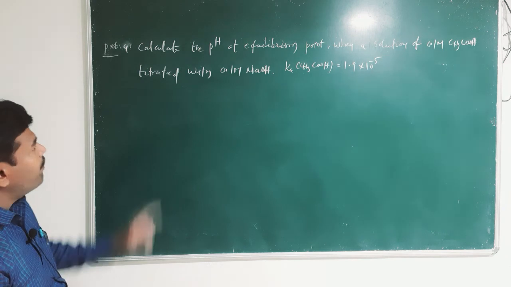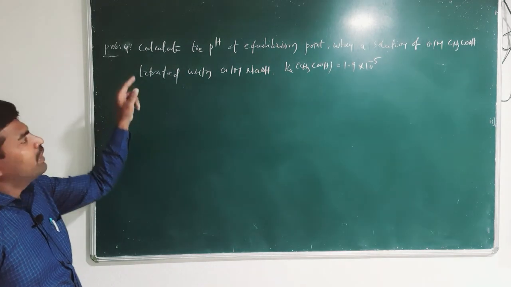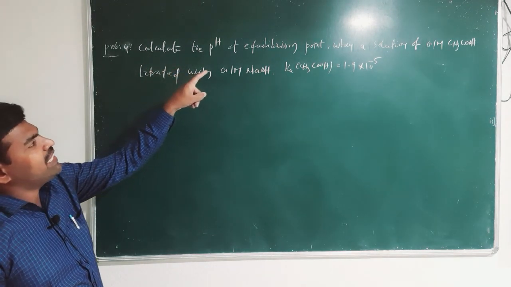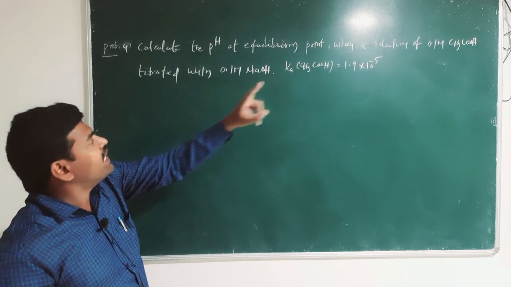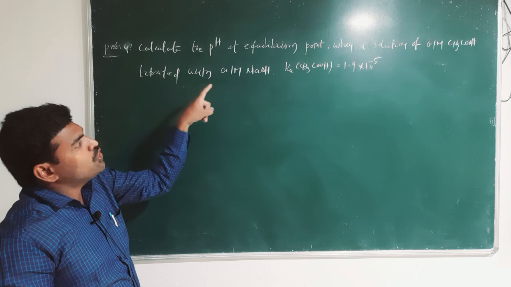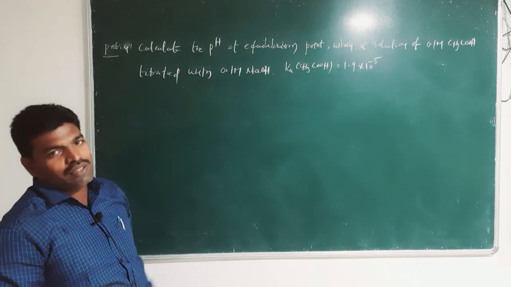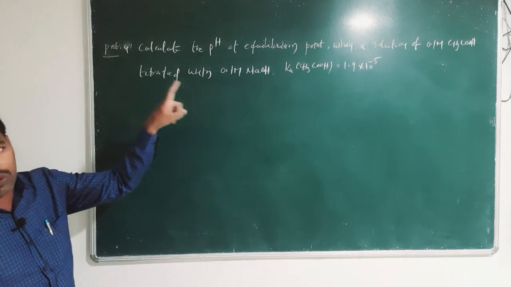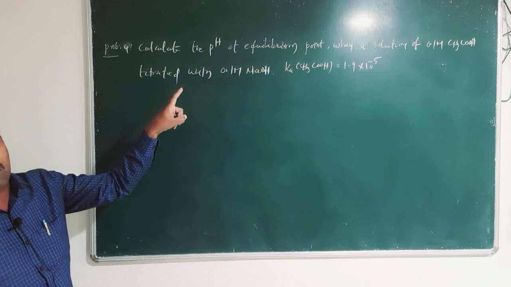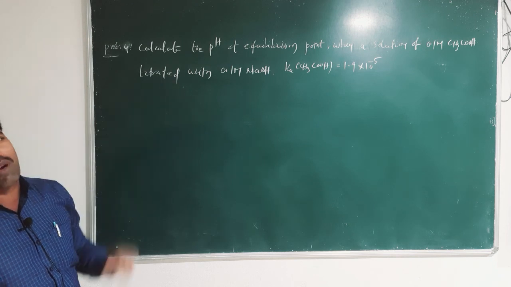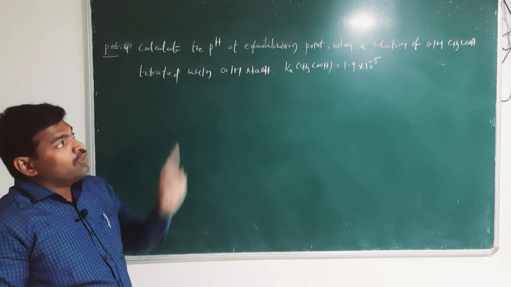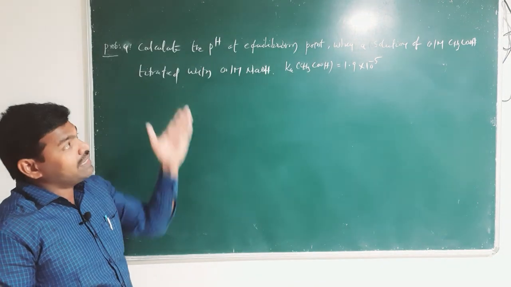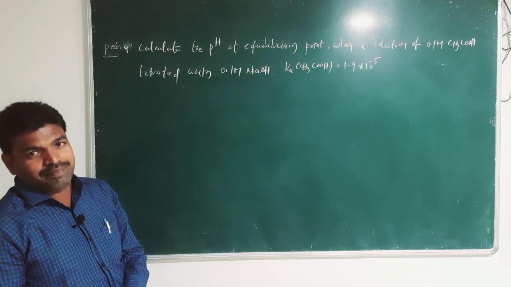Okay, and problem 4 is: calculate the pH at the equivalence point when a solution of 0.1 molar acetic acid is titrated with 0.1 molar NaOH. This is also a problem which resembles the earlier problem, but in the earlier problem they gave the volume in liters, and they did not give the volume here.